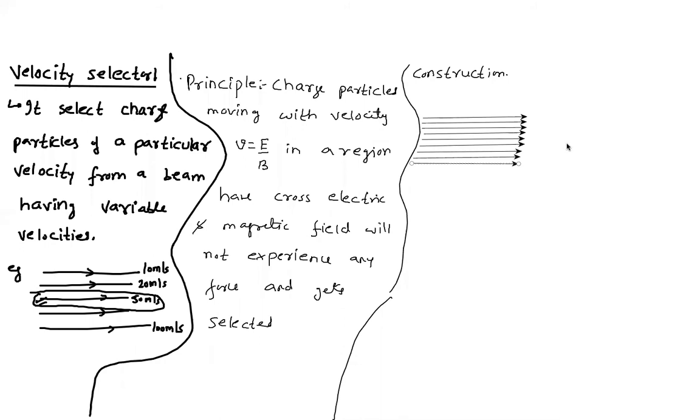This central region has cross electric and magnetic field. Cross electric and magnetic field means perpendicular electric and magnetic. This is the electric field and this is the magnetic field along z axis.